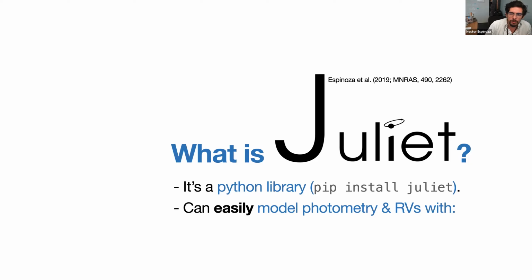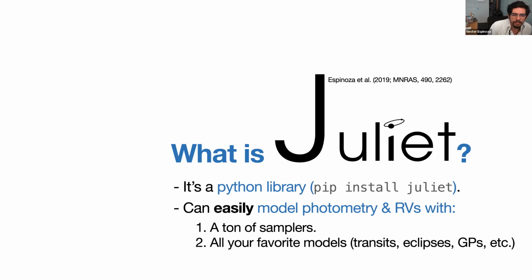The whole motivation of this was to have a one-stop shop with which you can model all this with a ton of samplers. I'm really a fan of different sampling techniques, and I'm going to mention in a bit why. And also all your favorite models. It can do transits, eclipses, Gaussian processes, linear models, and so on.